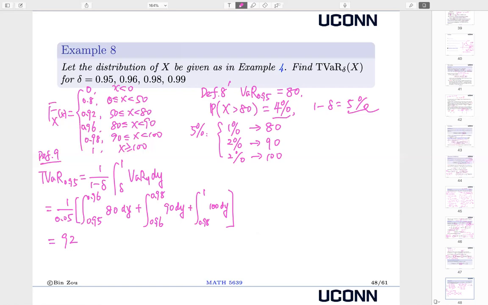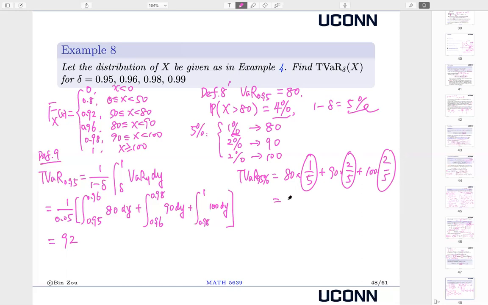So now if I want to do averaging, what I have is 80, so it will be 1/5 plus 90, 2/5 plus 100, 2/5, right? So this is a conditional expectation. So it will be 1/5% over the probability of the condition, right? So you can easily solve.